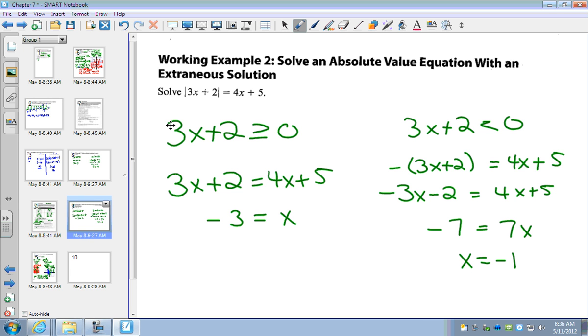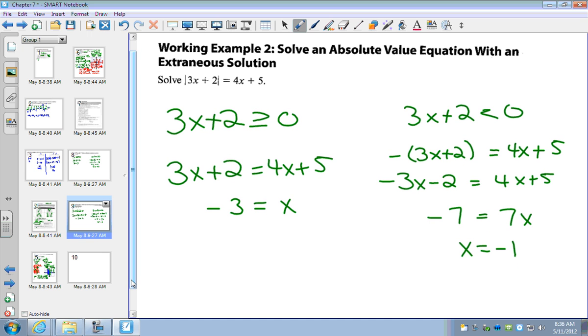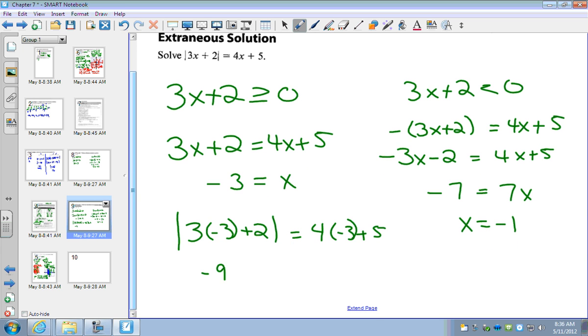Okay, let's double check that both of these work. Let's sub in the negative 3. Does the absolute value of 3 times negative 3 plus 2 equal 4 times negative 3 plus 5? Let's check this out. Well, 3 times negative 3 is negative 9, plus 2. 4 times negative 3 is negative 12.